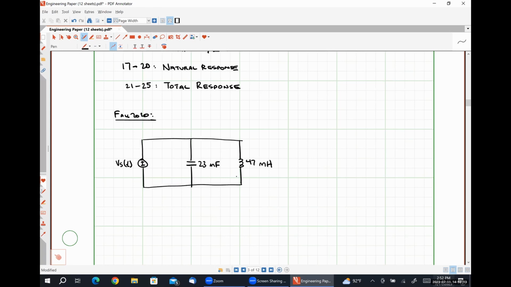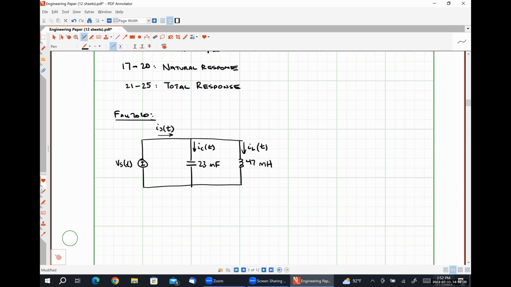I specified that our capacitor current IC of t is flowing down. I specified that our inductor current IL of t is flowing down. And I called the current across that top right there, IS of t.